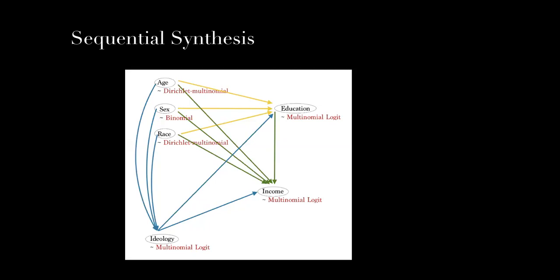Then I use the 3 synthesized variables in the synthesis model for education, which is a multinomial logistic regression model. Then income uses the synthesized age, race, sex, and education. And finally, ideology is synthesized with all the synthesized variables above.